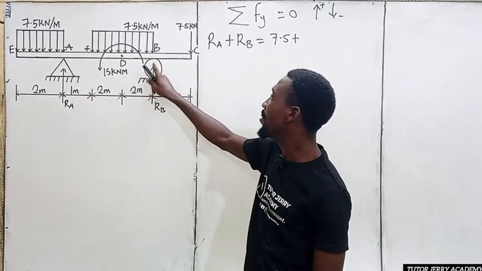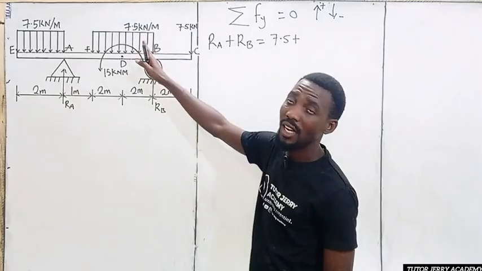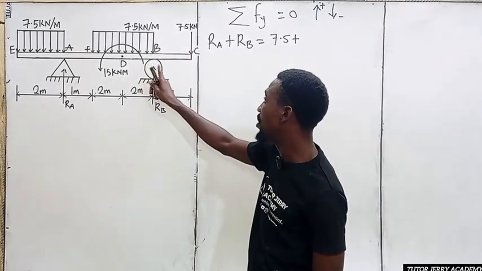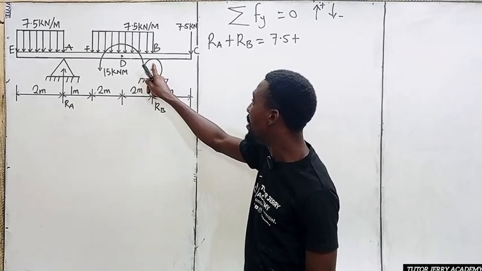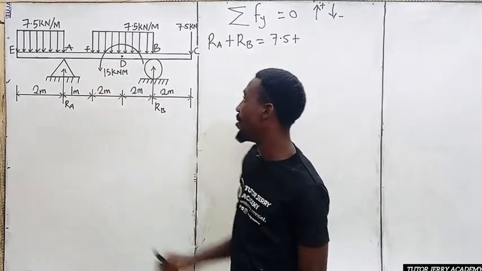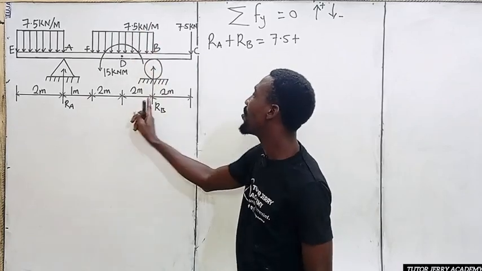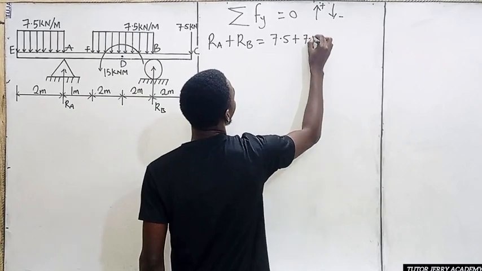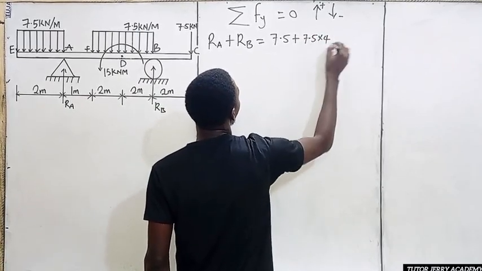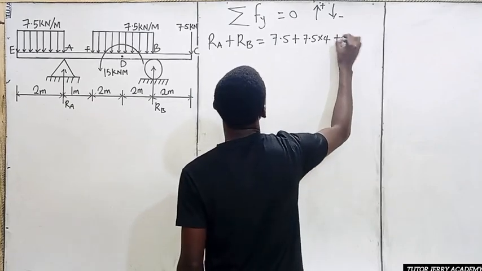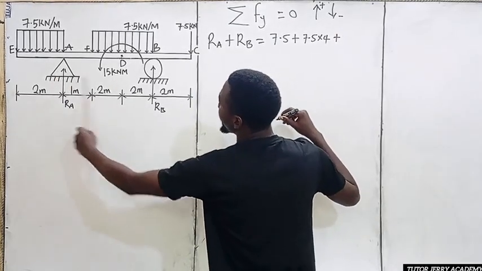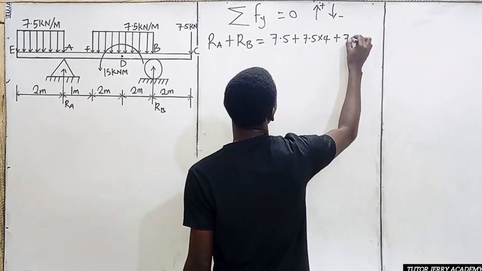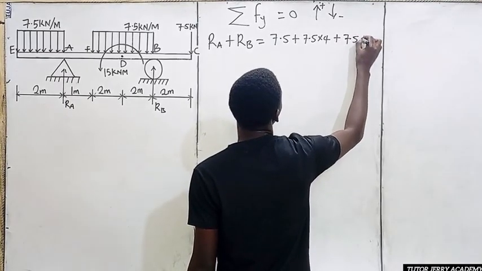If you look at the uniform distributed load, it covers point B to point F. So it means 7.5 multiplied by 4. Then plus 7.5 multiplied by 2.